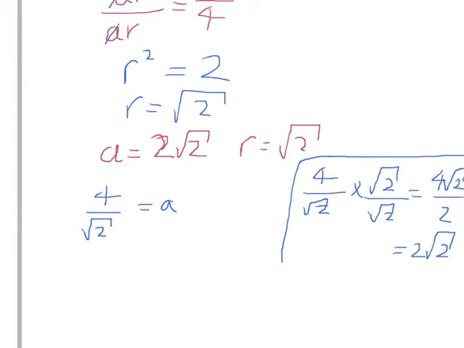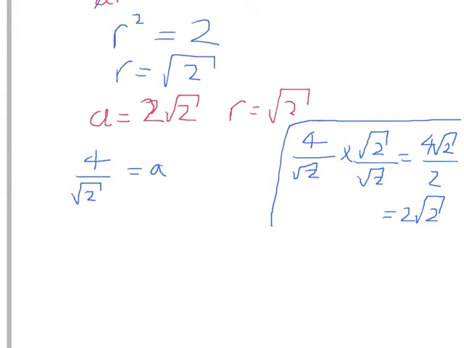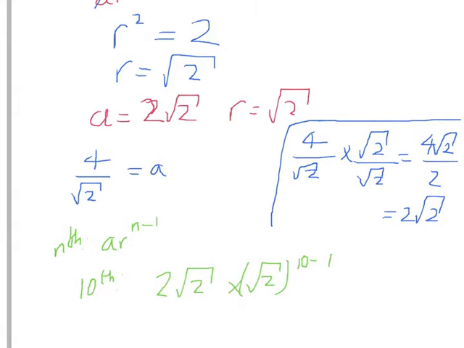So we're asked to find the 10th term in the sequence. So remember, the rule for finding the nth term is going to be a times r to the power of n minus 1. Well, we know we're trying to find the 10th, so that means we've got 2 root 2 times by root 2 to the power of 10 minus 1, which is 9.